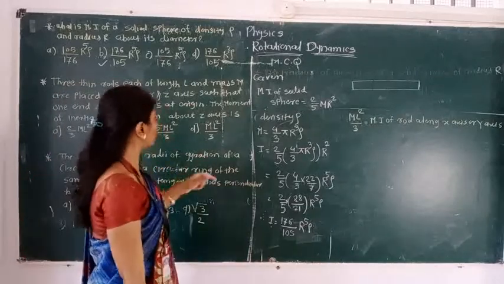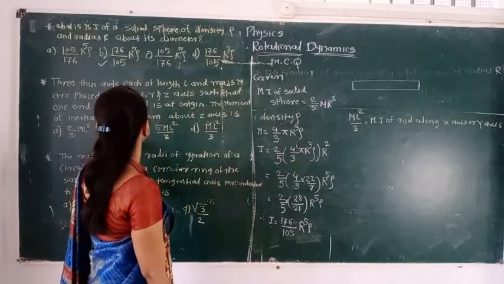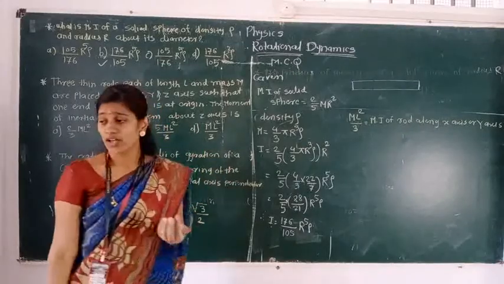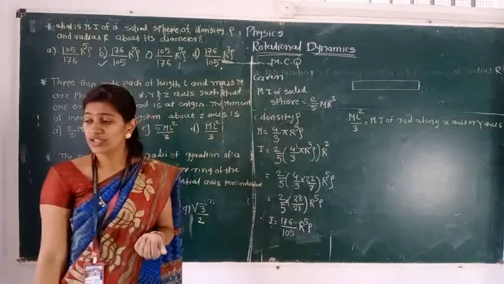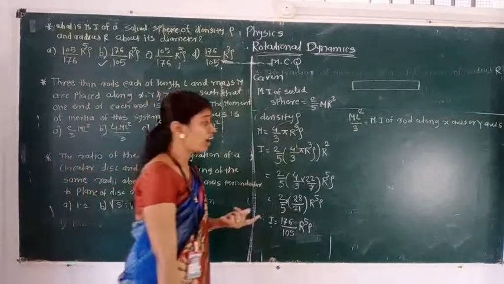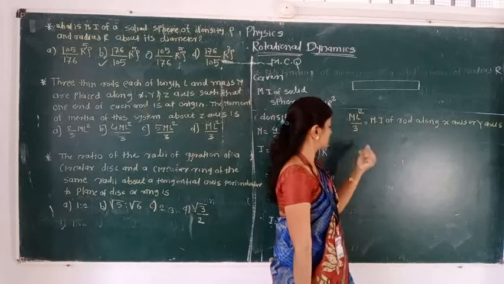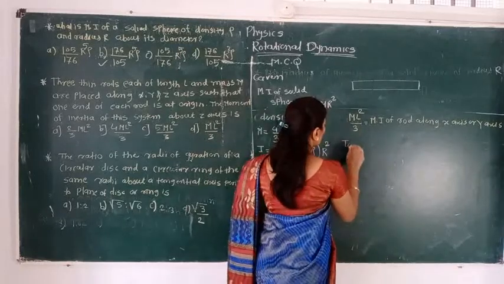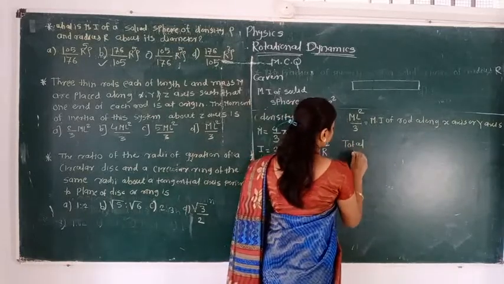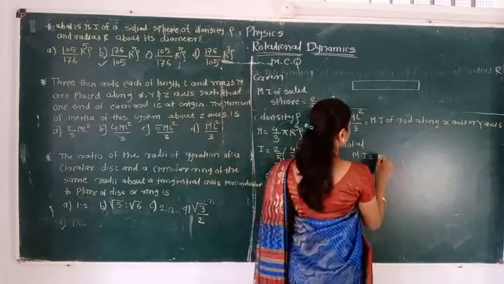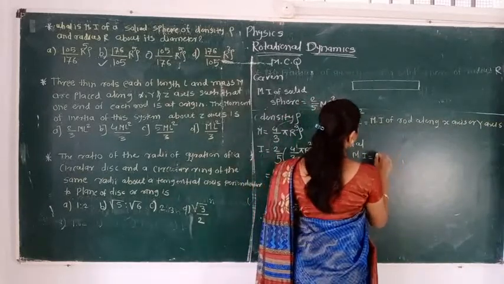Now we have to find the moment of inertia of this system, so we can find the total moment of inertia along the x axis, y axis, z axis.